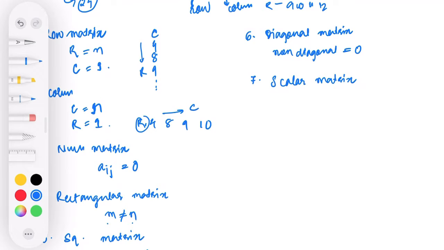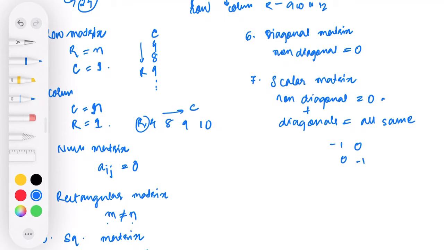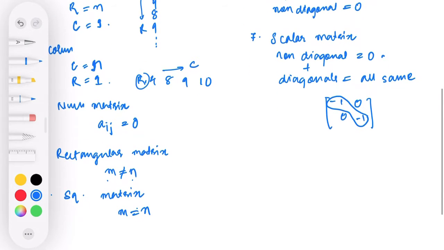In a scalar matrix, all the non-diagonal elements are 0, provided that the diagonal elements are all the same. I'll just give you a quick example. We have 1, right? Same. Okay, moving on.